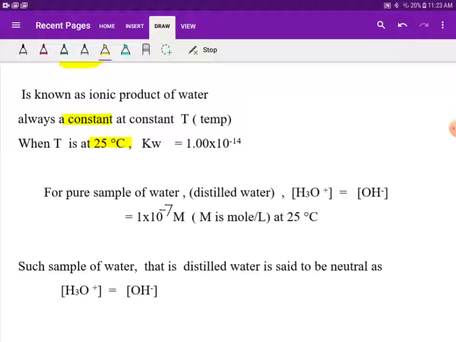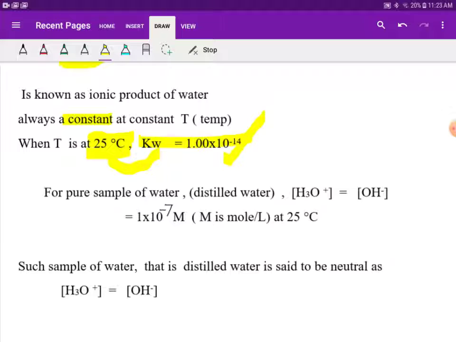When the temperature is 25 degrees Celsius, the value of Kw is equal to 1.00 times 10 raised to minus 14. It has no unit, it is merely a constant. Therefore, Kw is 1.00 times 10 raised to minus 14. This is the value of Kw of any aqueous system at 25 degrees Celsius.